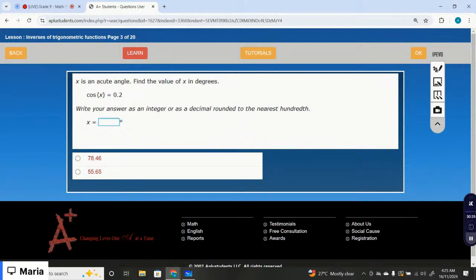X is an acute angle. Find the value of X in degrees.